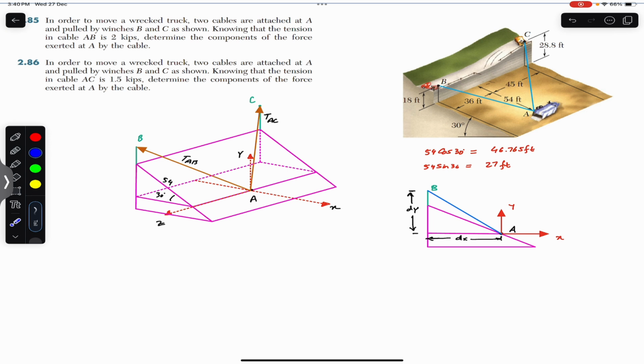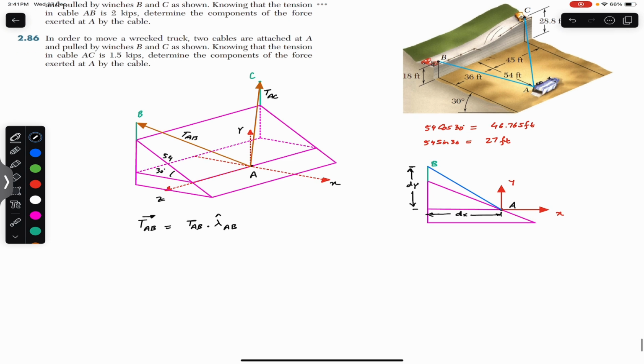So we know that the tension in AB can be represented as the magnitude of the tension in AB times the unit vector from A to B.